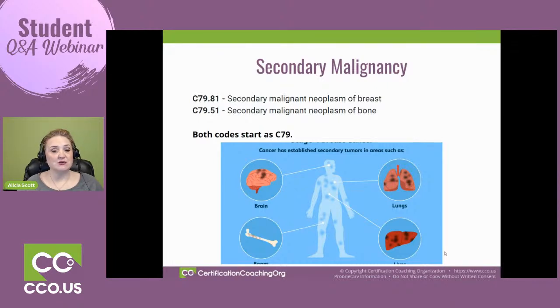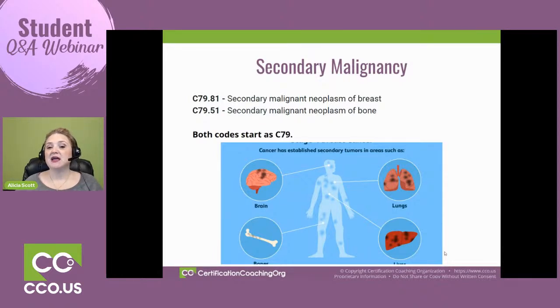So the sequencing would be, in that scenario, the patient is being treated for the fracture. That's the first code. Secondary bone cancer would be the next code. And then the third code would be primary breast cancer, because that's the order in which the provider is treating the patient.